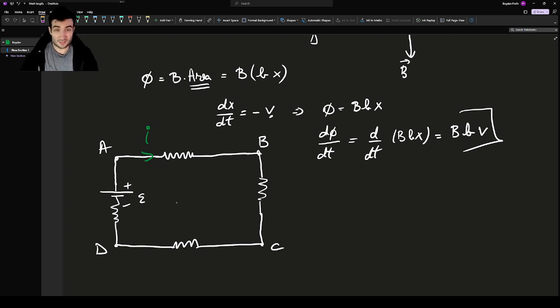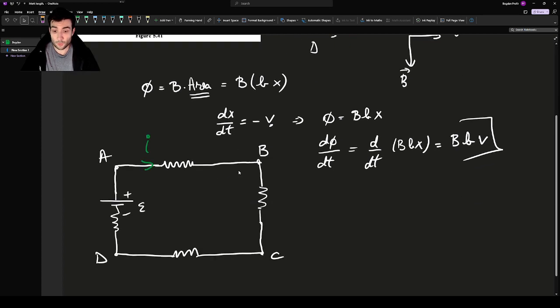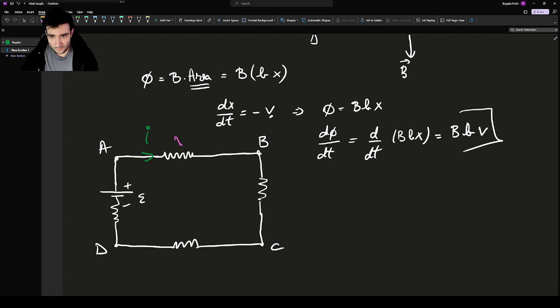Now we know what the resistances are. We know the resistance per unit length of the whole wire. So this one would have a resistance lambda L, because that's the length of side AB.